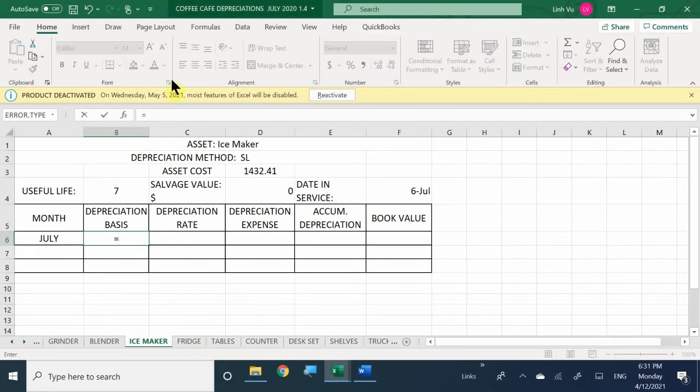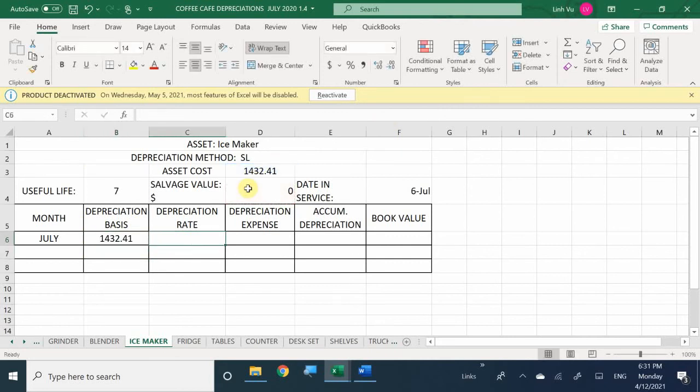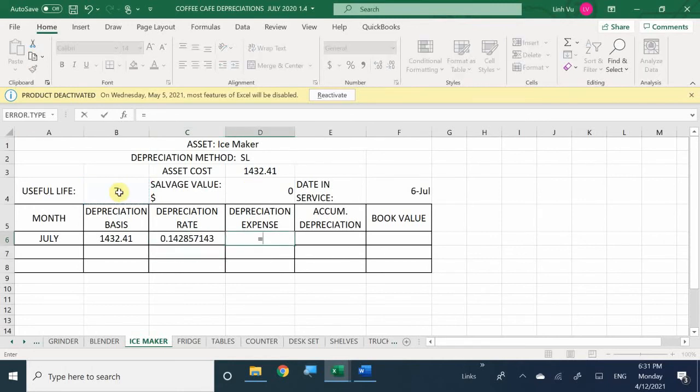Depreciation basis is going to be my asset cost minus my salvage value. Okay, this is going to be 1 over its useful life. Okay, and here I'm going to go ahead and calculate my formula. Divided by 12 so I can get my monthly payment.